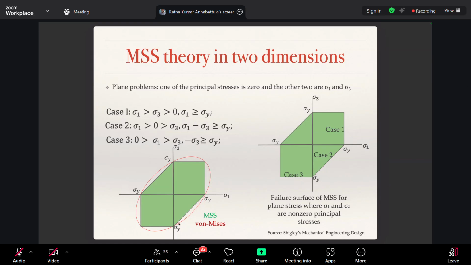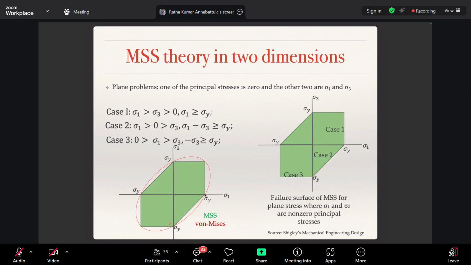This is the maximum shear stress theory. The red color is the von Mises theory, and this is the maximum shear stress theory.